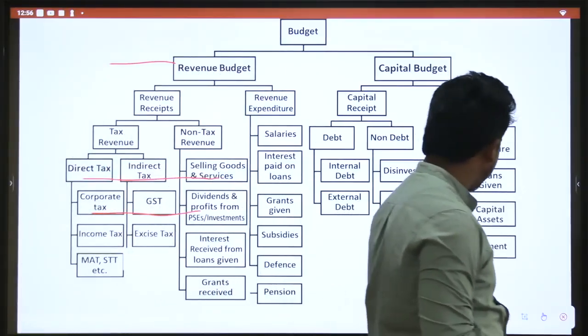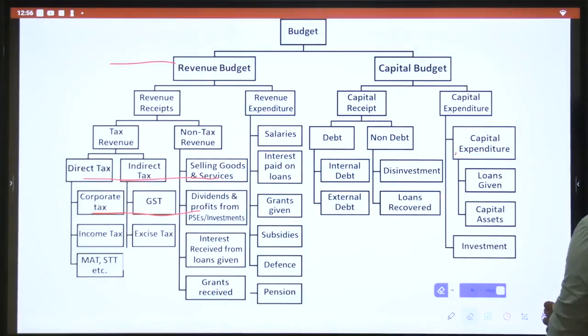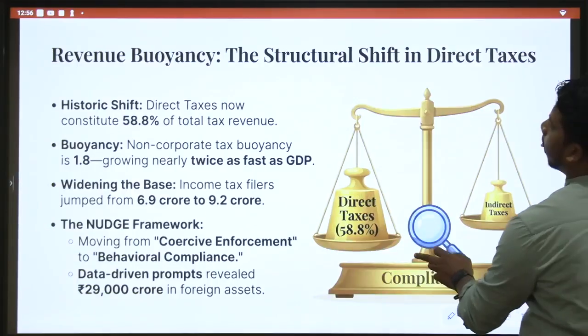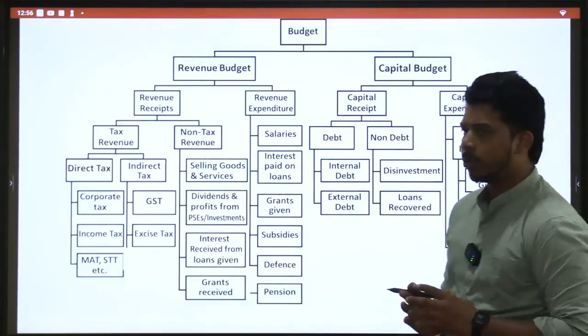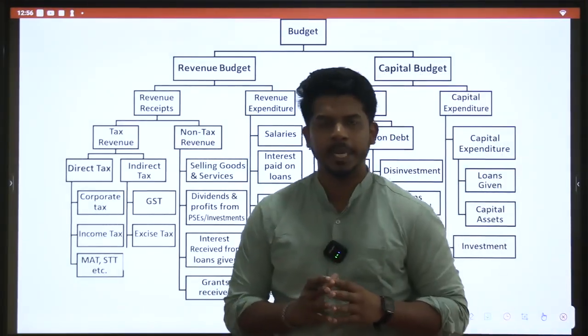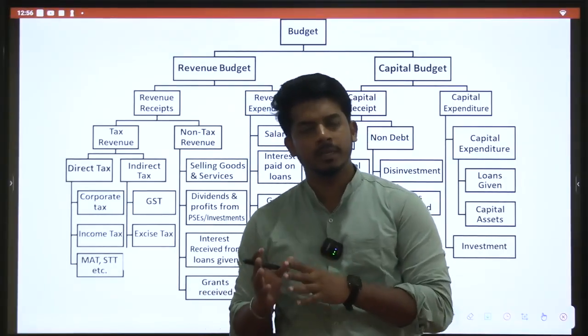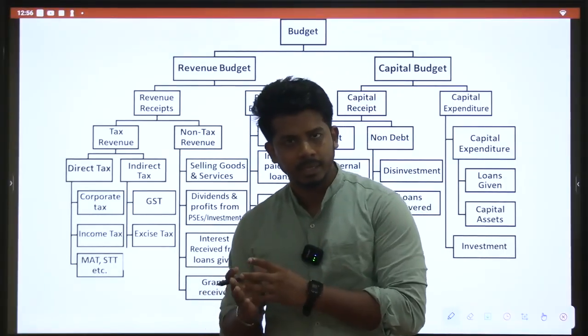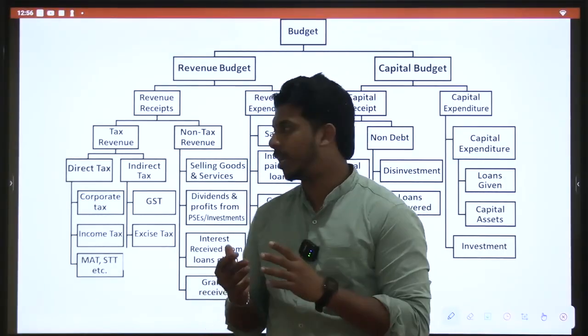Now we know the government needs to be disciplined. This discipline of managing debt and fiscal deficit is called fiscal consolidation.